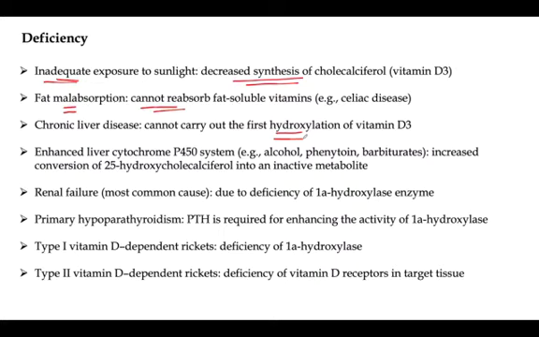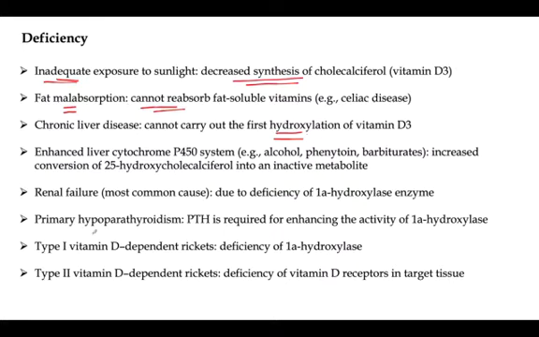So in renal failure, because the second hydroxylation cannot take place due to deficiency of 1-alpha hydroxylase enzyme, there is impairment in the synthesis of the dihydroxylated form or the active form of cholecalciferol that leads to insufficiency of vitamin D activity.